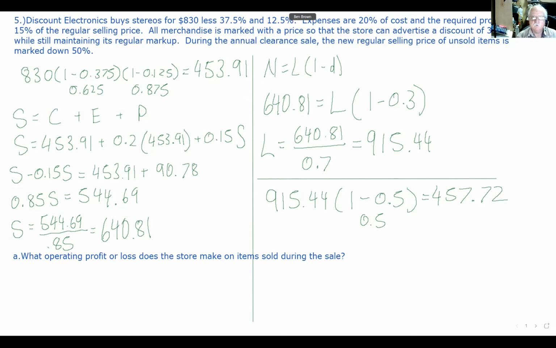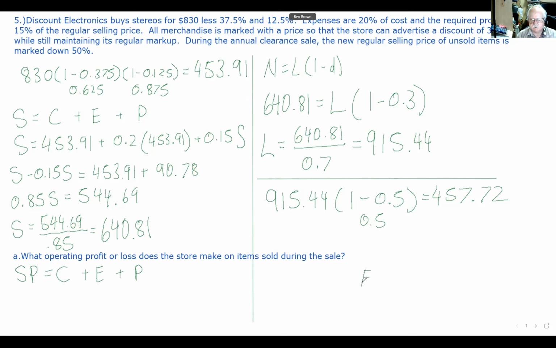So again, what do they want us to do? We're looking at the sale price equals cost plus expenses plus profit, and they want us to solve for profit. We have to remember that expenses are still based on the regular selling price.